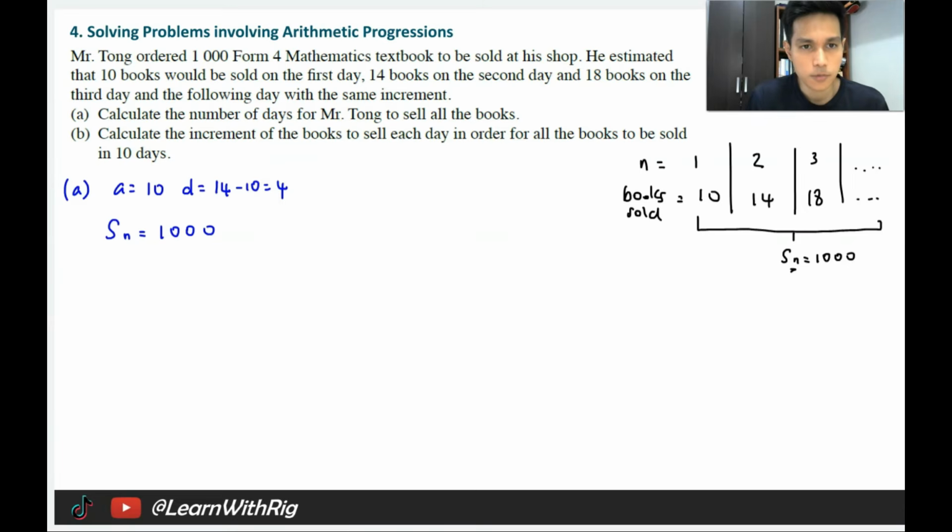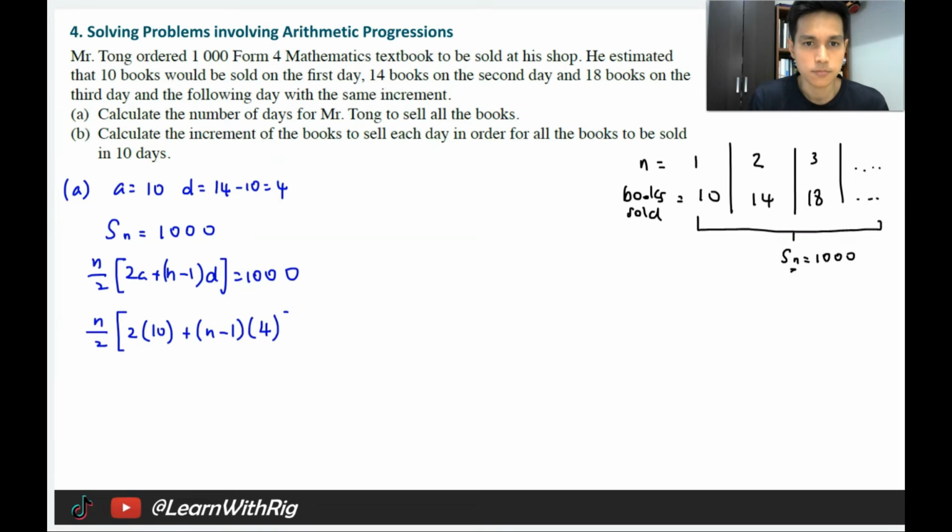So Sn, what's the formula? n over 2 times 2a plus (n minus 1)d equals to 1000. You don't know what's the n value, so I'm going to leave it blank. 2 times a plus (n minus 1) times d, where d is 4, equals to 1000.